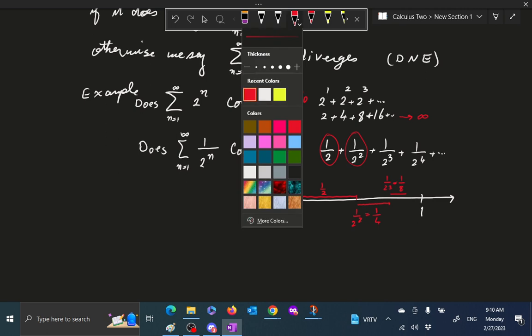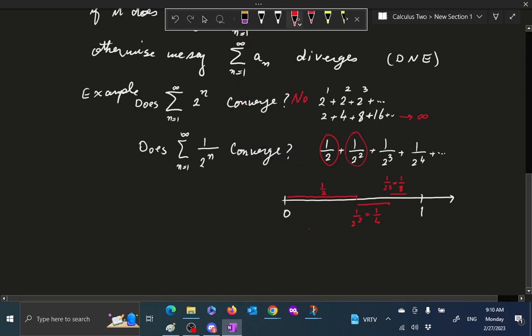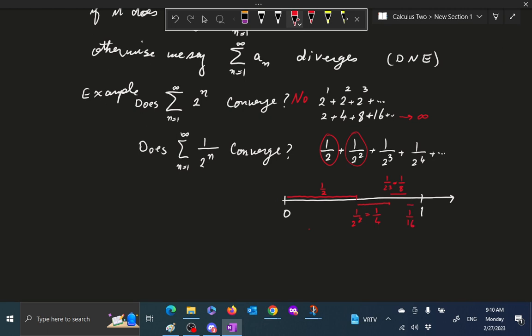Do you get the sense where we are headed here? So of course it's going to be, next I'm going to add 1/16, which is 1/2 of what is left to make it to 1. So as I add these pieces, I see that I'm encroaching toward 1, and I get a sense that this is headed toward 1.